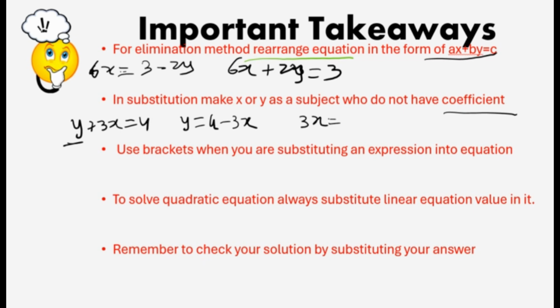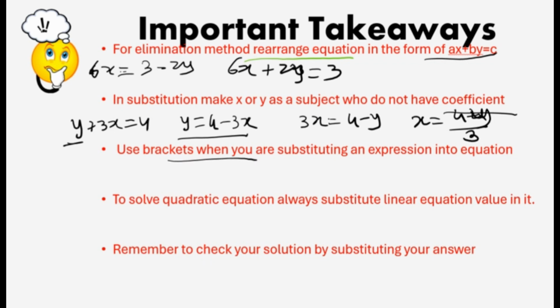So 3x is equal to 4 minus y and x is equal to 4 minus y over 3. That will give me a fraction. And with this fraction, when you substitute, you have to do 2 more steps to make the denominators the same, and that makes your simplification a little bit difficult. So try to make the variable without a coefficient, x or y, the subject.